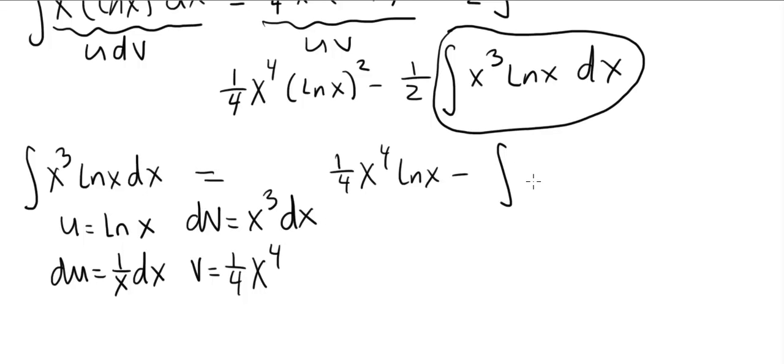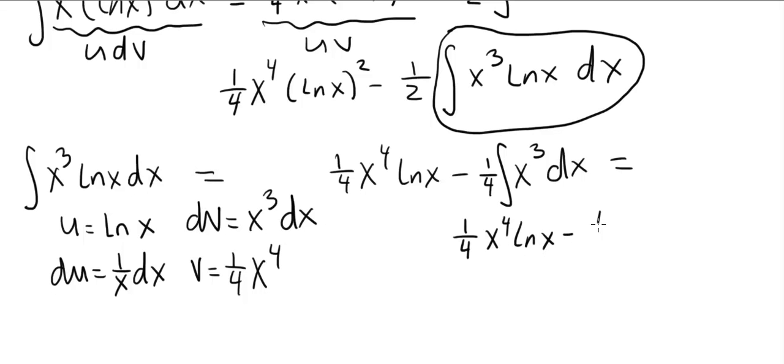So v is 1/4 x to the 4th, du is 1 over x. That's going to be 1/4 x cubed dx. And see, this integral now on the right is very doable, very easy. So we get 1/4 x to the 4th ln of x minus 1/16 x to the 4th.